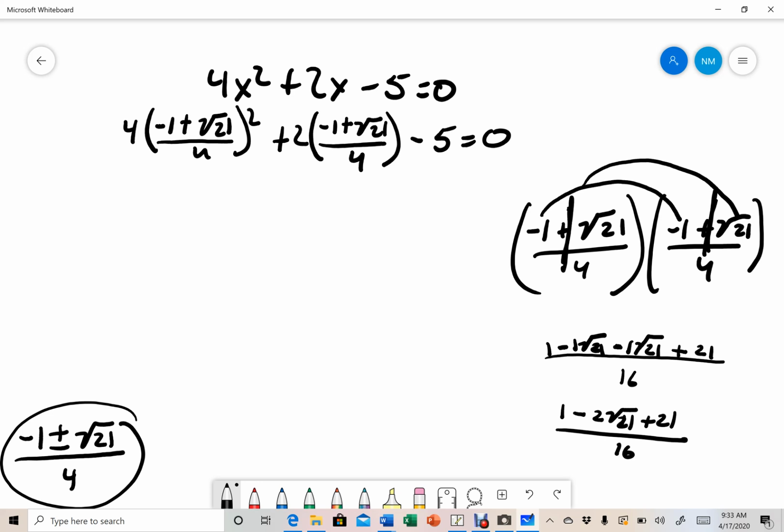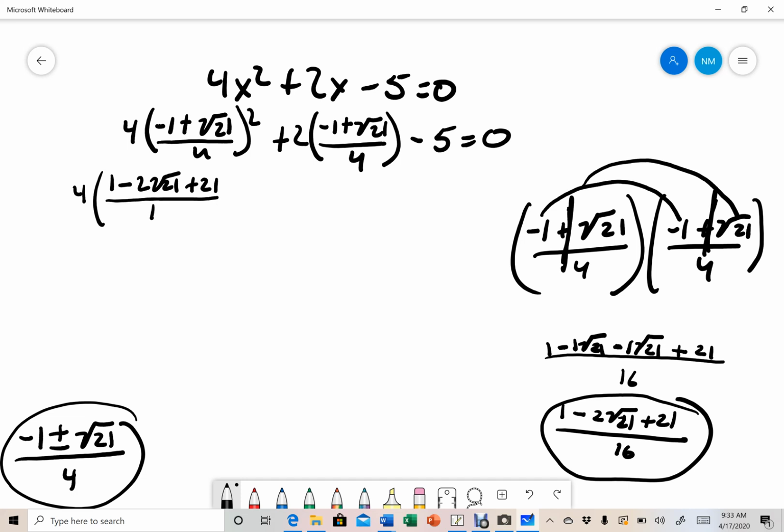I just noticed I did that wrong, huh? Okay. On my notes, I had it wrong, but here then is the result that goes up here. So now I have 4 times 1 minus 2 and the square root of 21 plus 21 over 16.